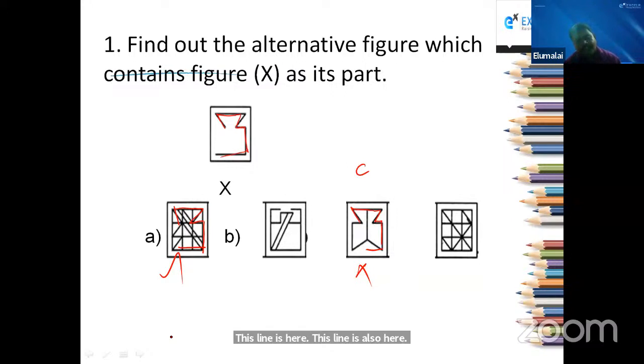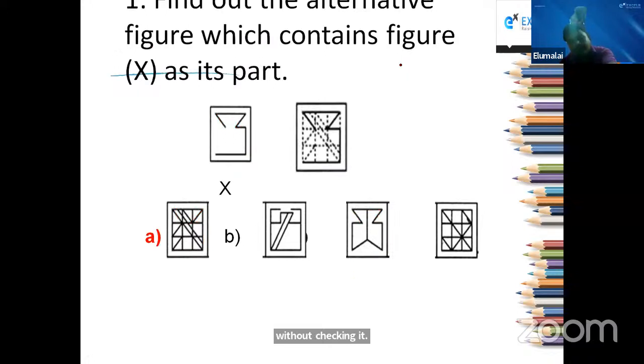I hope you can understand this. Sometimes they will give you figures like this. You could have identified the figure, but one portion will be left. So don't answer the question blindly without checking it. All the lines must be within this, isn't it?